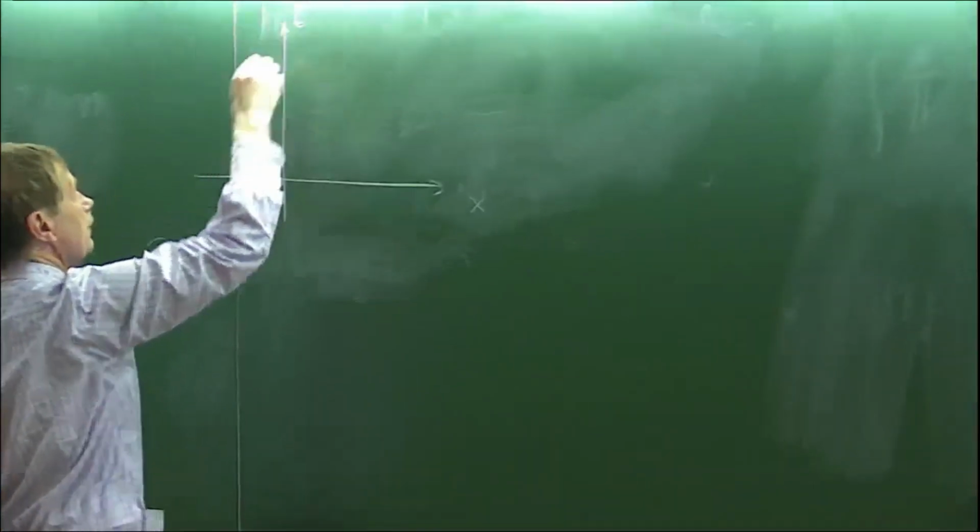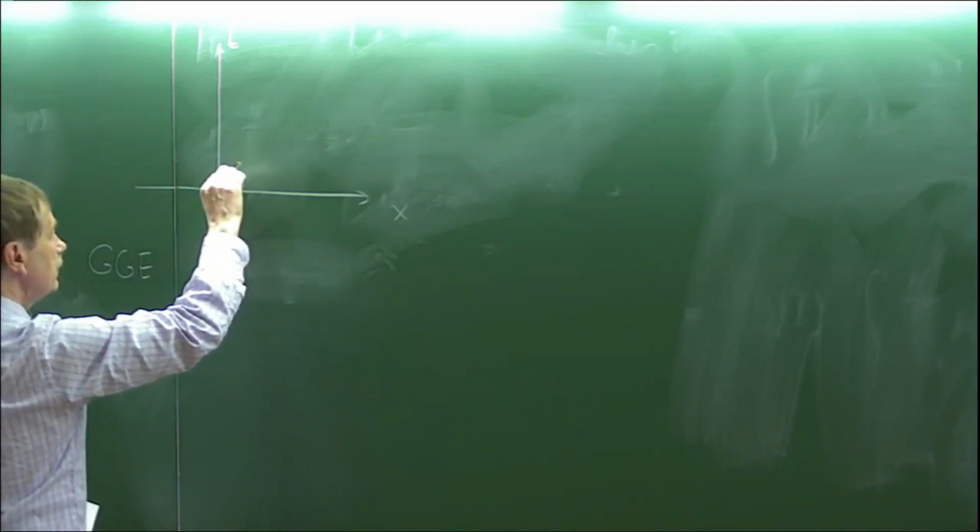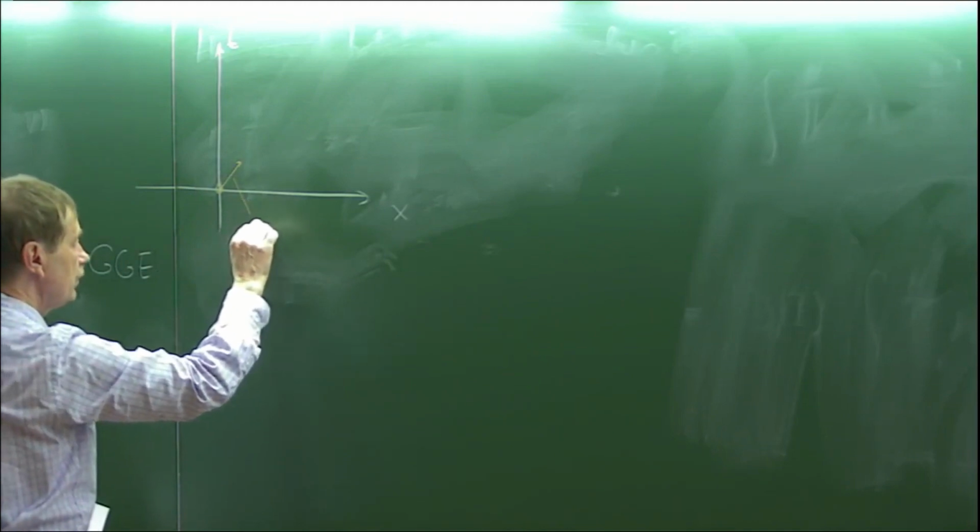At time t equals 0, I just put my GGE with some confining chemical potential and some pressure. And then I simply add an extra particle at the origin. And I assume that this has a definite velocity, which is called v.